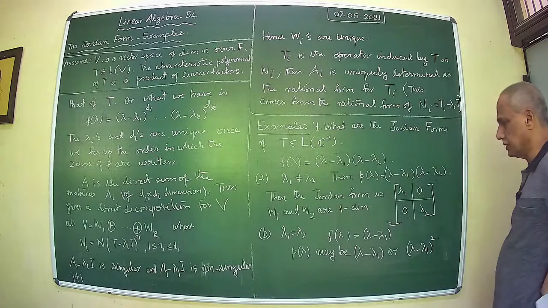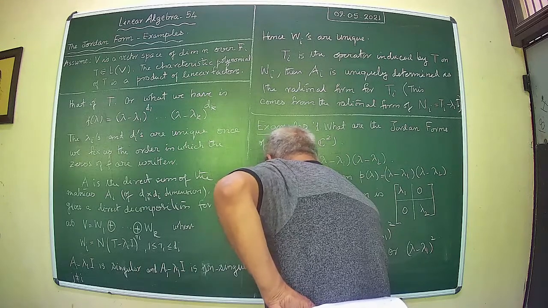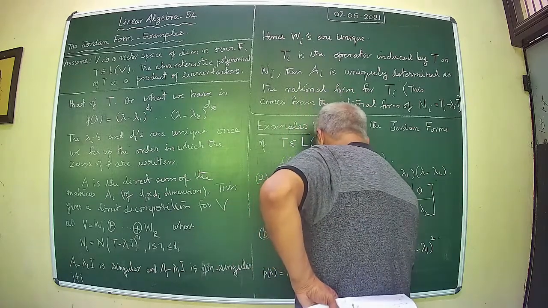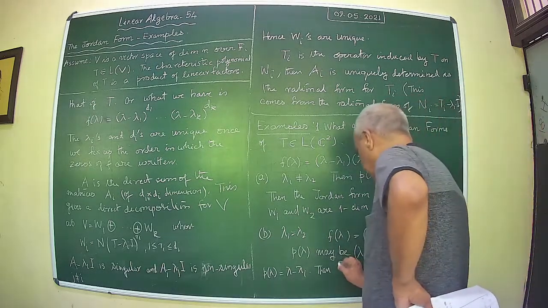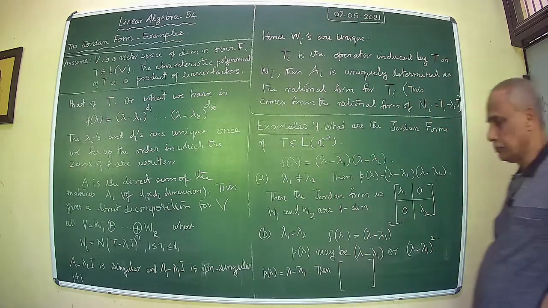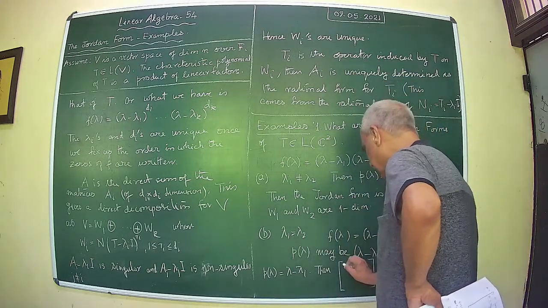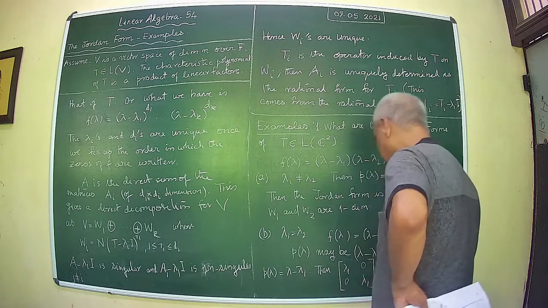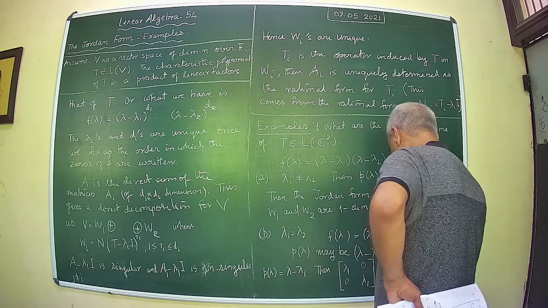So there are two possibilities. So first we take the case p lambda is lambda minus lambda 1. Then what we have is that this is again diagonalizable, and you see, if you go for the cyclic decomposition, this is what you get: lambda 1, 0, 0 is the Jordan form.